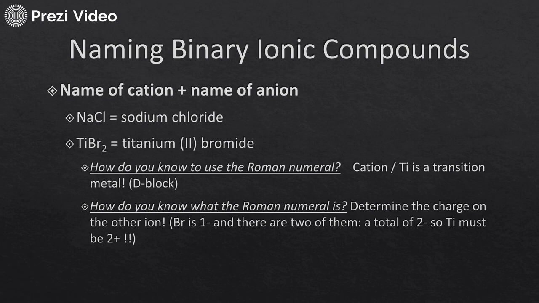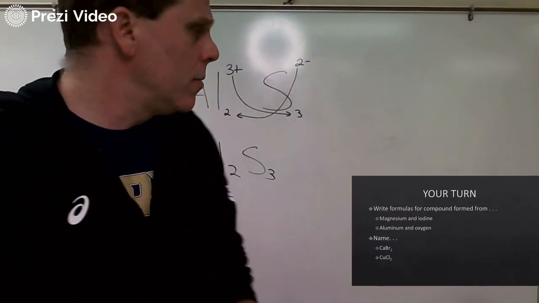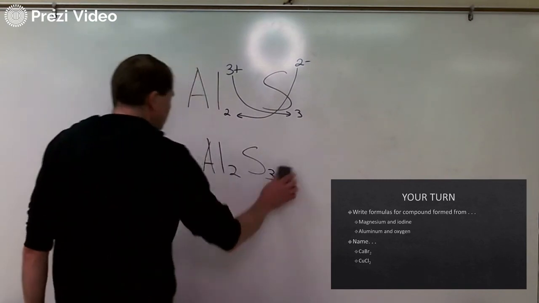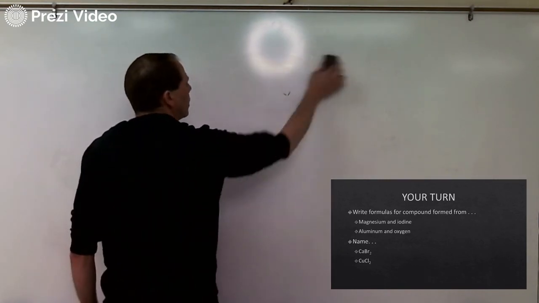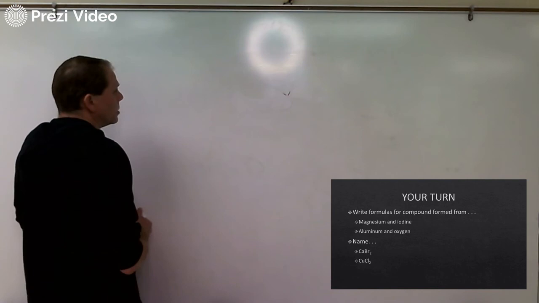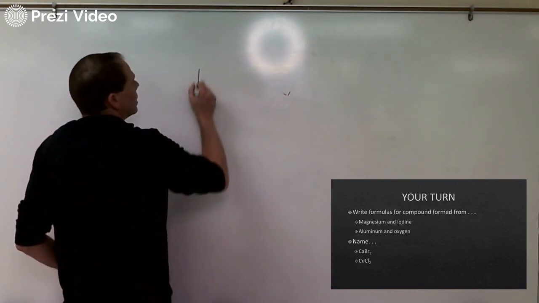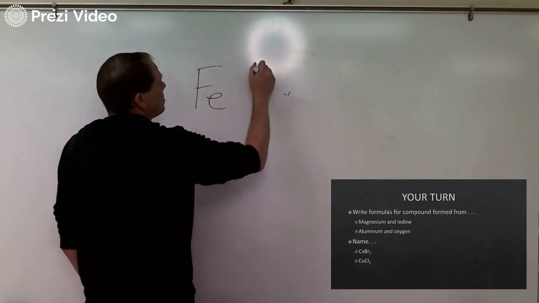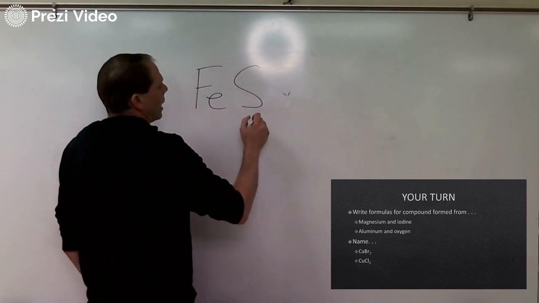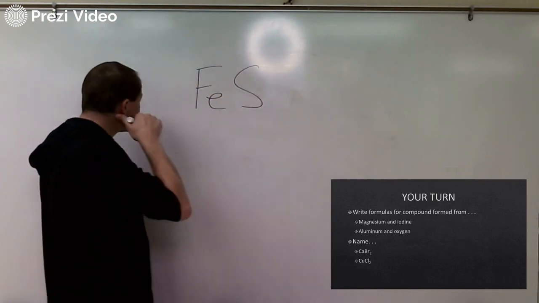Okay, so we always determine the charge of our anion before we figure out what the charge of our cation is. So let's do one, let's say we had FeS. How would I know what this would be?